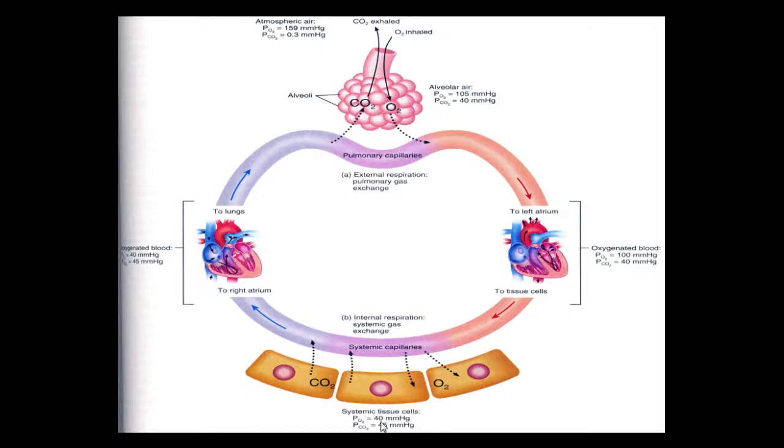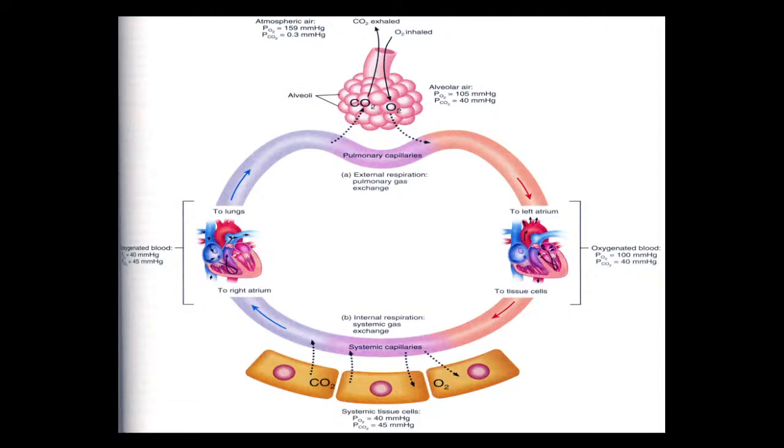For oxygen, it's 40 millimeters of mercury in blood, and for carbon dioxide, 45 millimeters, and in cells, partial tension for oxygen achieves 0, because oxygen is included in metabolism in cells, and we almost cannot find free oxygen in cells.